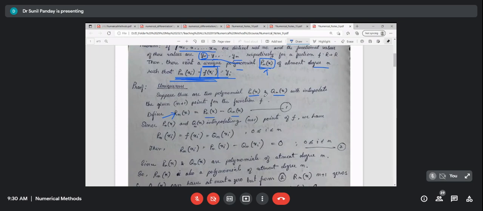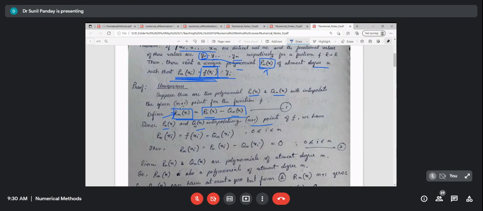Since Pn(x) and Qn(x) are interpolating n plus 1 points, from here we get equation 1, the Rn(x) polynomial. Here we know that Pn(x) is a polynomial of degree n, and Qn(x) is also a polynomial of degree n, so their difference cannot be more than degree n.